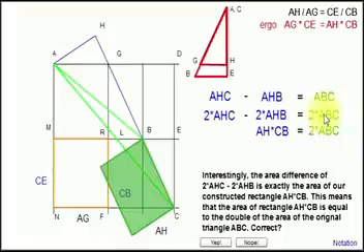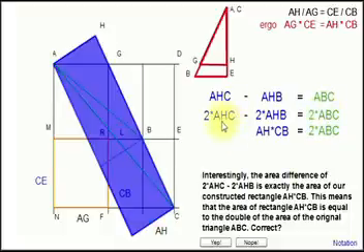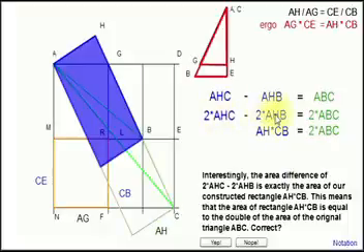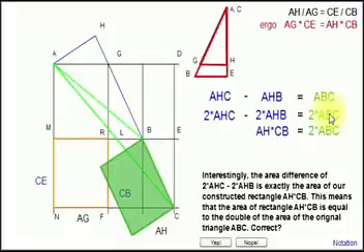Okay, and now you see that this is defining the relationship, because the result of this subtraction leads to 2ABC, which is exactly the same rectangle which we drew out from the similarity of our triangles here.